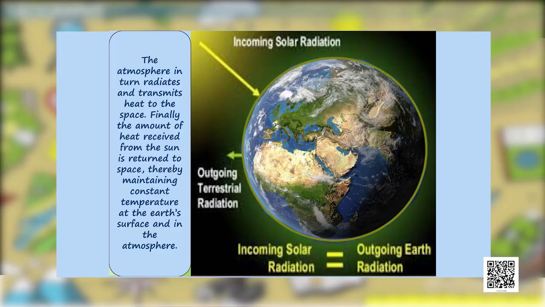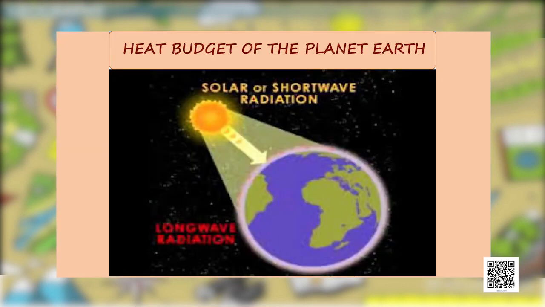Thus, the atmosphere is indirectly heated by the terrestrial radiation, whereas the sun radiates its energy in every direction into space in short wavelengths, which is referred to as solar radiation. The energy received by the Earth's surface in the form of short waves is termed as incoming solar radiation or insolation.